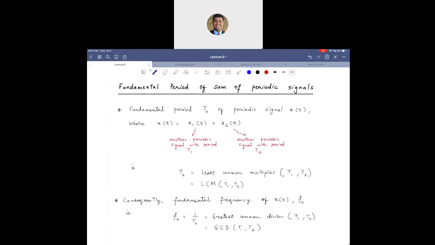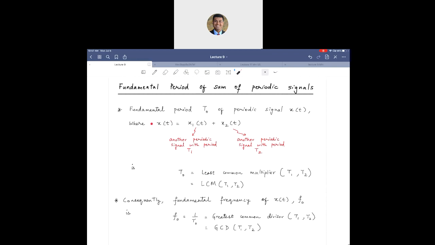Now we are talking about the fundamental period of a sum of periodic signals. Let's say we have a fundamental period T sub 0 of a periodic signal x of t, where x of t is the sum of two periodic signals x1 and x2. x1 has a time period of T1 and x2 has a time period of T2.